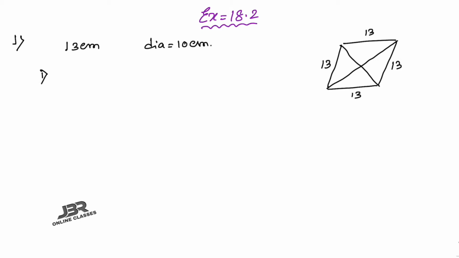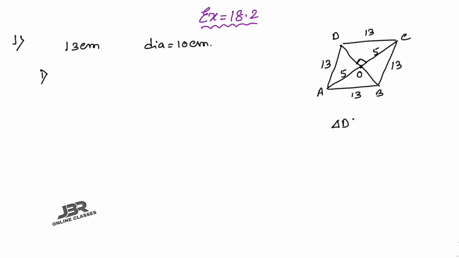I repeat, two diagonals bisect each other perpendicularly. So if this one is 10 centimeter, suppose here A, B, C, D, and AC is equal to 10 centimeter, here AO is equal to 5, OC is equal to 5. Bisect each other perpendicularly. That means this one is 90 degrees.